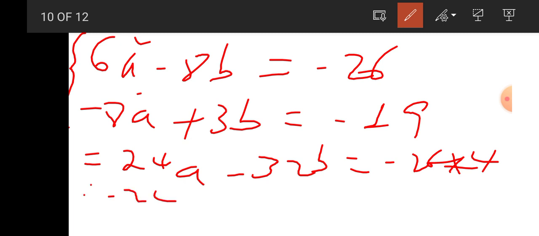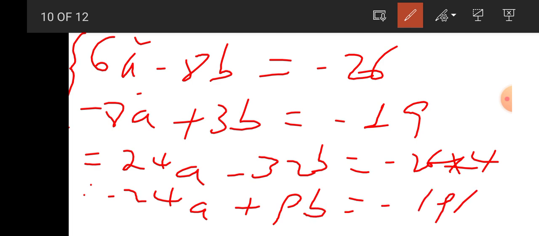Minus 24A plus 9B is equal to minus 19 times 3. Next ምንድነው?